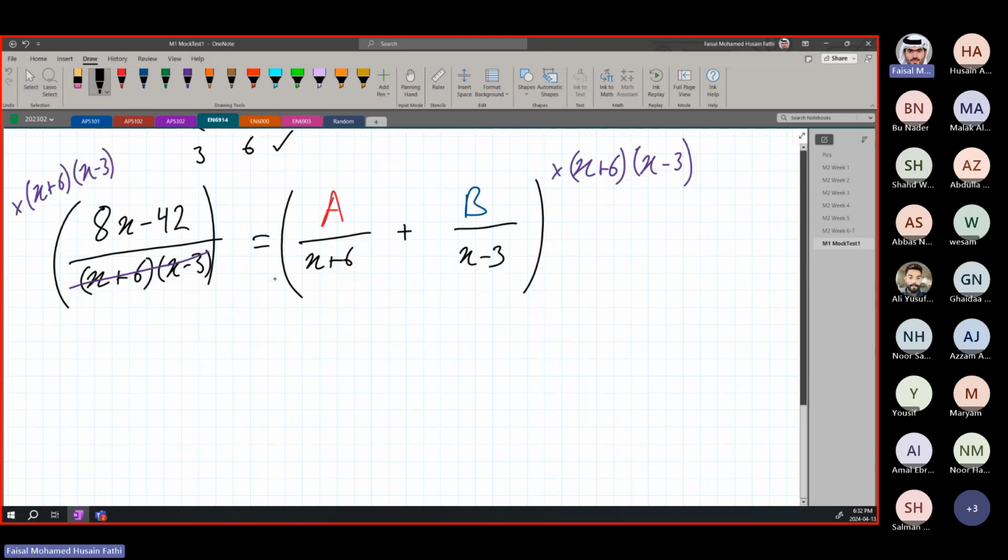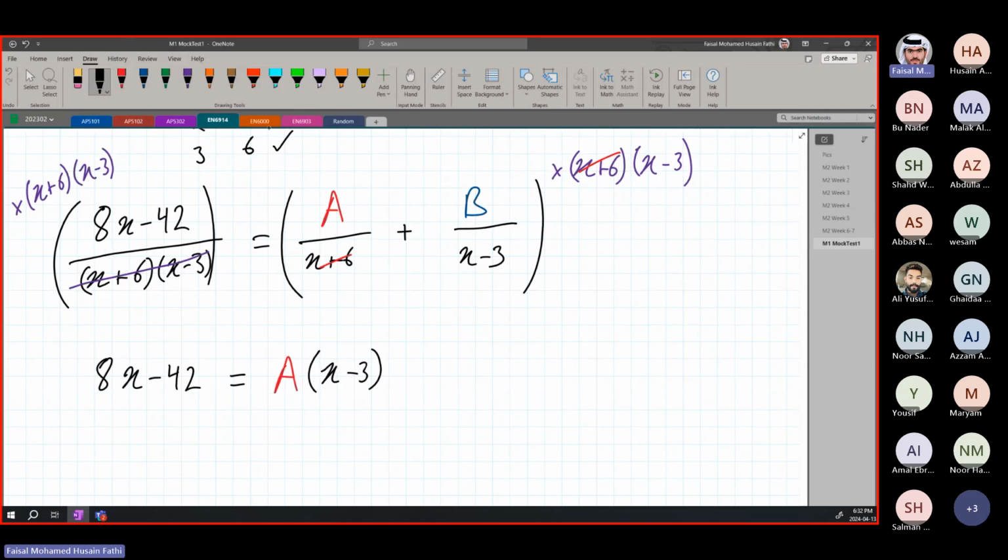If you notice, we're now remaining with 8x minus 42 on the left side equal to A times x plus 6 times x minus 3, if we distribute this. X plus 6 will cancel out with this x plus 6, and we'll remain with x minus 3. So it's going to be A times x minus 3.